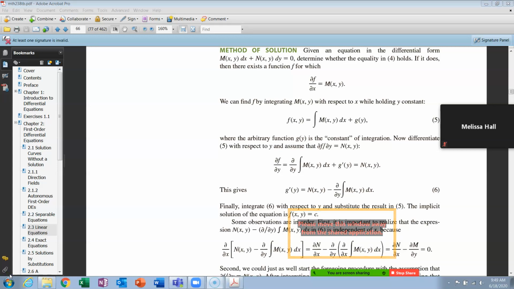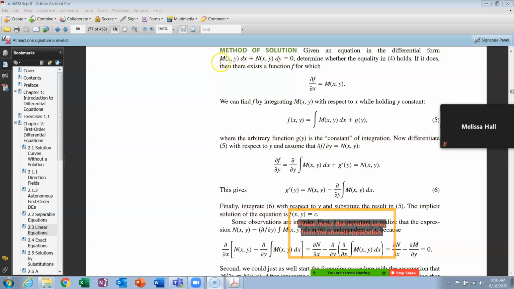Now, basically what we've already talked about is almost enough to justify how we're going to proceed with this method of solution, okay? What we've already said, you're given an equation of a differential form, M of x,y dx plus N of x,y dy.